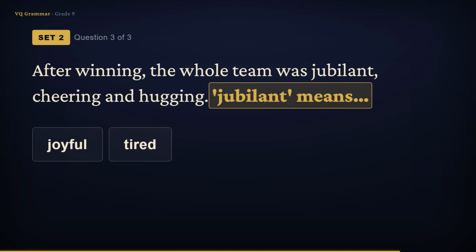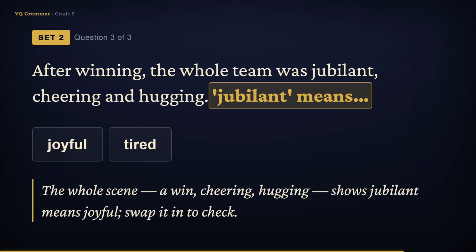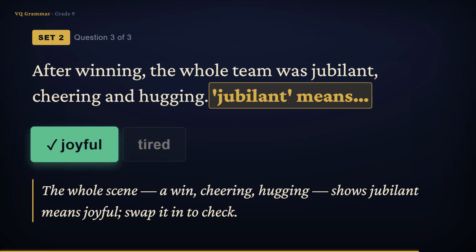After winning, the whole team was jubilant, cheering and hugging. What does jubilant mean? There's no signal word, so use the whole scene. A win, cheering, hugging. That paints someone joyful. Swap it in. The team was joyful. It fits. So jubilant means joyful.